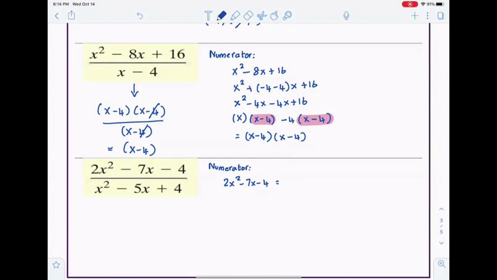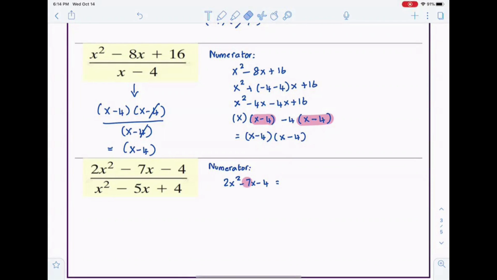We have to come up with two numbers so that when we add those two numbers, I get negative 7. When I multiply those two numbers, I get the product of the first and the last coefficient, which is 2 times negative 4. I need to get negative 8. So what are the two numbers?